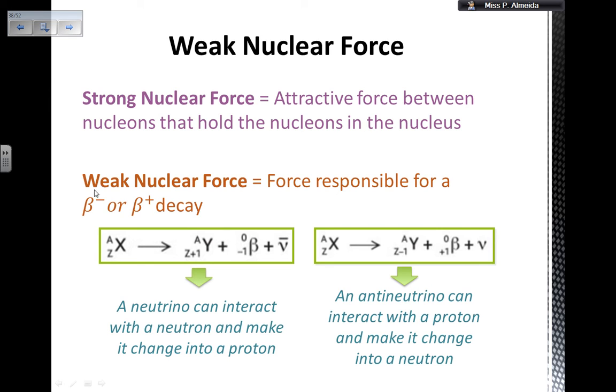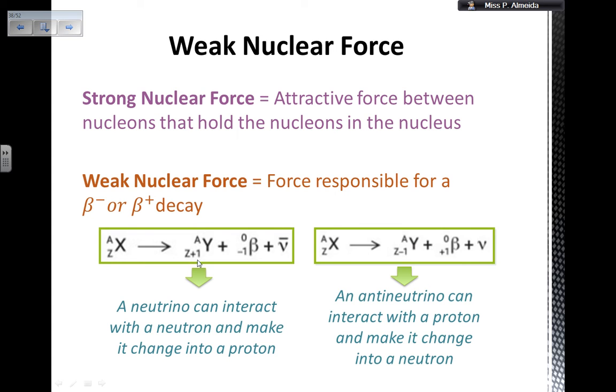The weak nuclear force is the force that is responsible for a decay, either a beta decay or a beta plus decay, which stands for the positron decay. Look at the previous video, called Particles and Antiparticles, to see these decays. So this is the beta decay. This is one, beta minus.